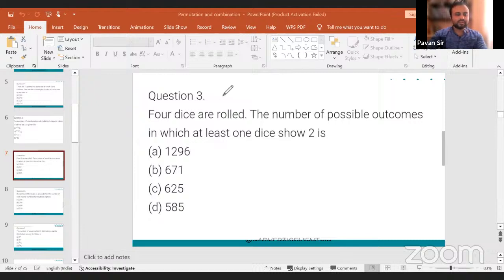One of the girls has given option A, that is 1296. Sharath has given option B as the answer.